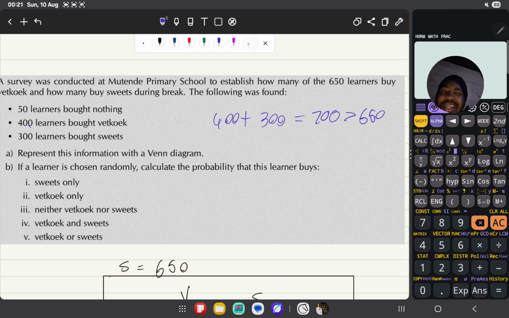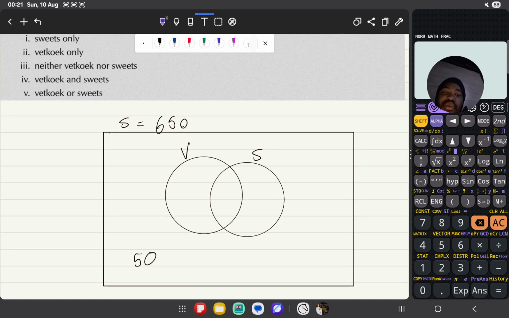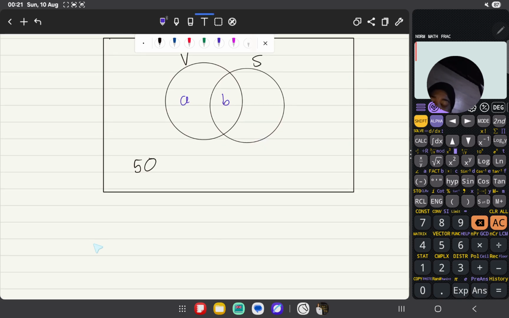From there you're also getting an idea that I will not write 400 here to say I have 400 who bought fed cooks, and I won't write 300 here. The reason is that this 400 is the number here, let me say A and B. So A plus B is equal to 400.